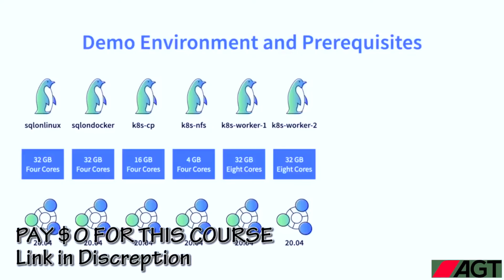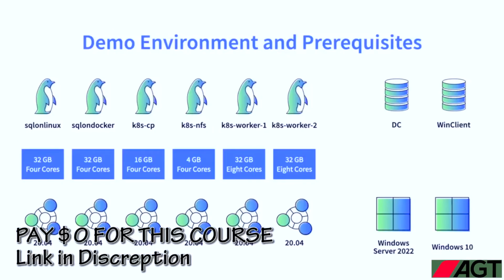I have picked Ubuntu 20.04 as my Linux distribution and version, and we will talk in more depth in the next module about which Linux versions you can and can't use to run SQL Server. In addition to my Linux machines, I'm also running 2 Windows boxes. One of them is my AD domain controller running Windows Server 2022, and the other one is a Windows 10 client, which I'm using as my main client.